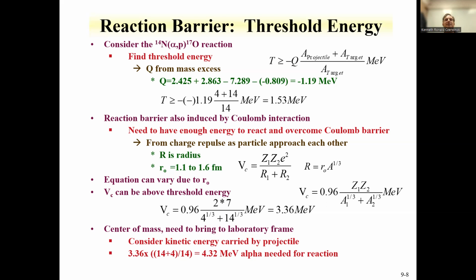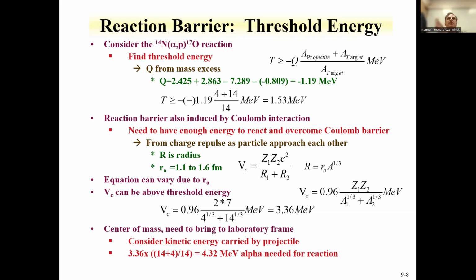The Coulomb barrier doesn't care about the threshold energy, right? If you can get the particles to touch each other and the nuclei to start fusing together, the energetics at that point will kind of take care of themselves.